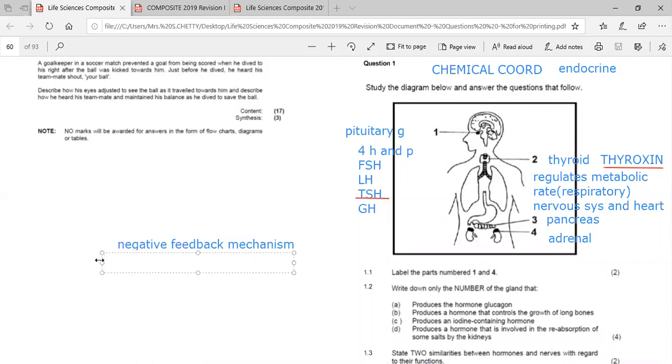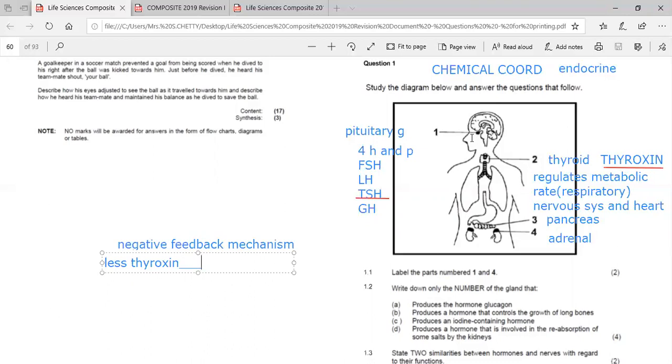Now, how is your body going to make this right? You wouldn't even be aware of it, my darling. So I always teach children to remember this like this. So if there's less thyroxine, and the opposite of less would be more, yes. So if there's less thyroxine, of course, the information is fed back to the pituitary. You will write it down.